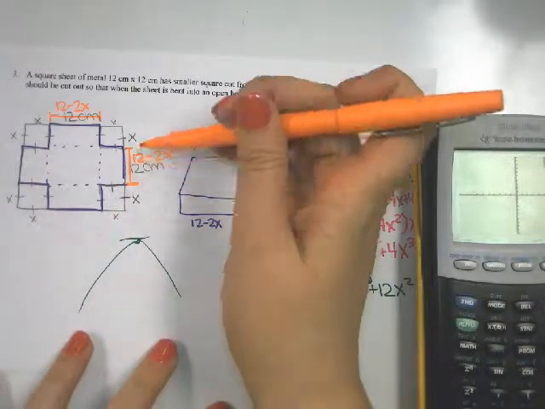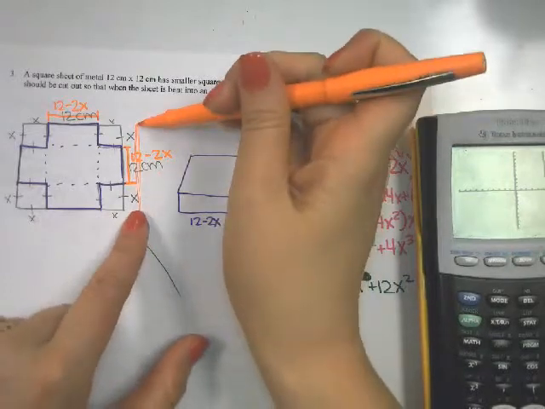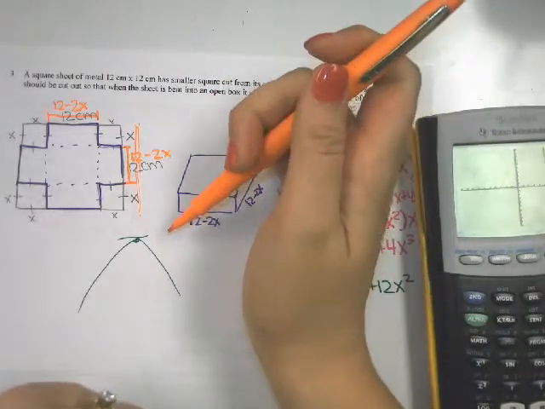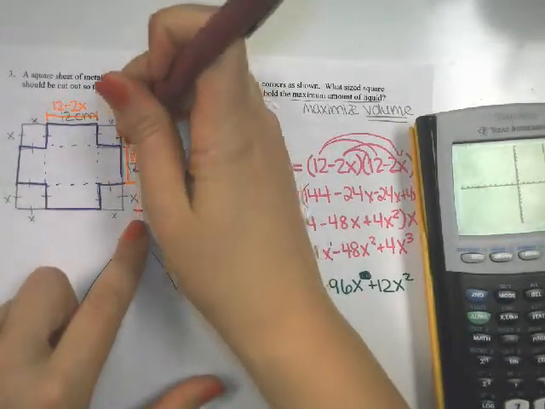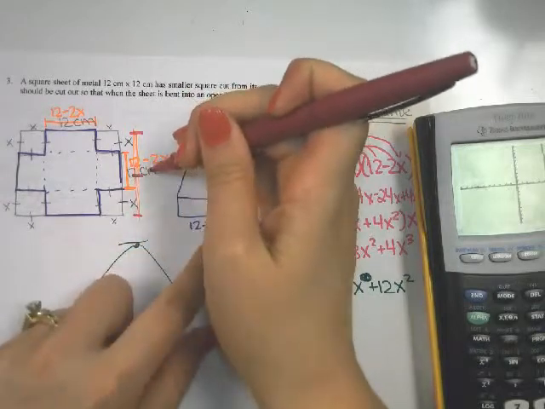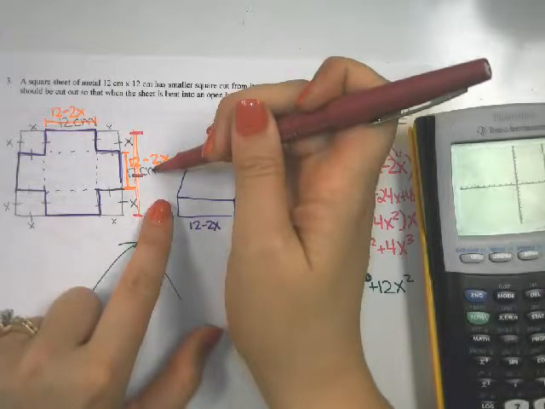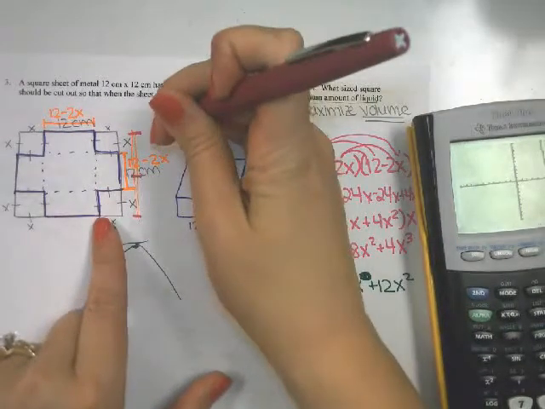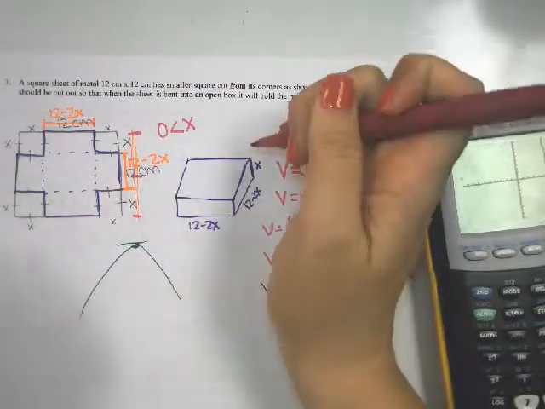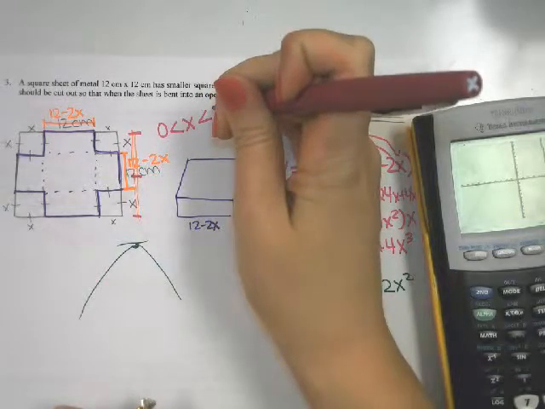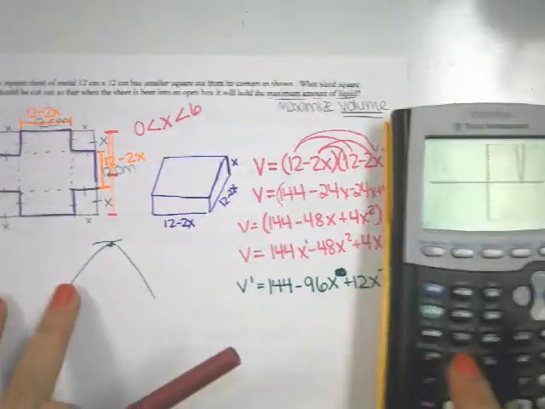And in addition, since we only have 12 centimeters to work with across the whole thing, and we're cutting off of both sides, x can't be bigger than 6. You can't cut 7 centimeters off of both sides of a 12 centimeter sheet. So x has to be bigger than 0, and it has to be less than 6. So x has to be between 0 and 6.